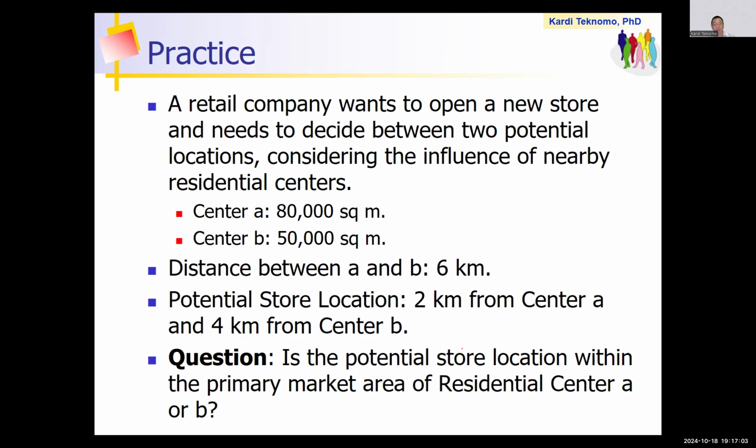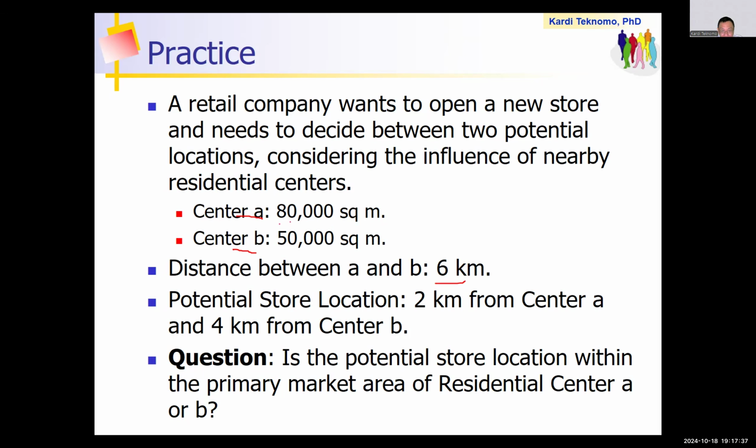Can you compute this? So if you want to open a new store, and you see two locations, residential center A and residential center B, and the distance is 6.